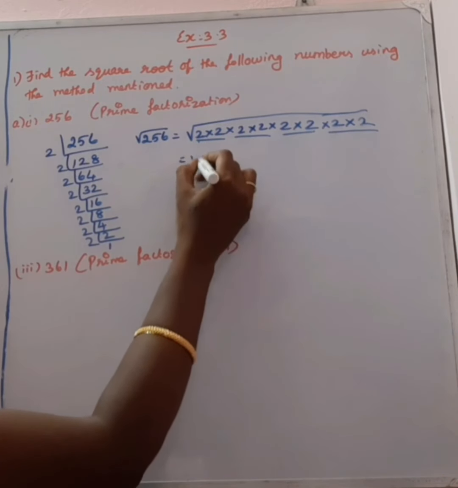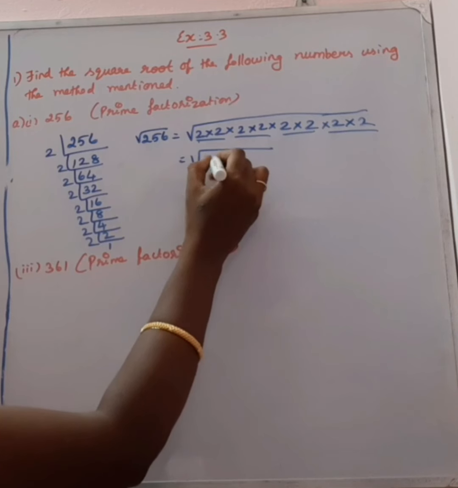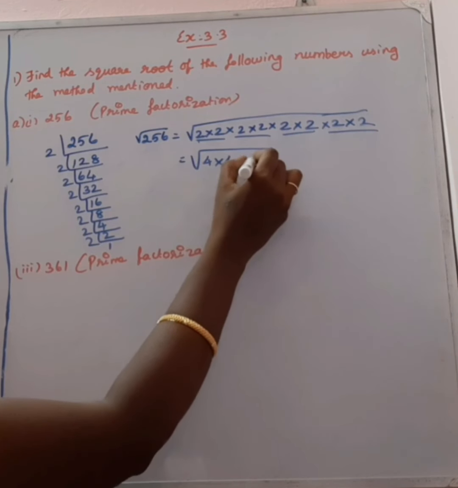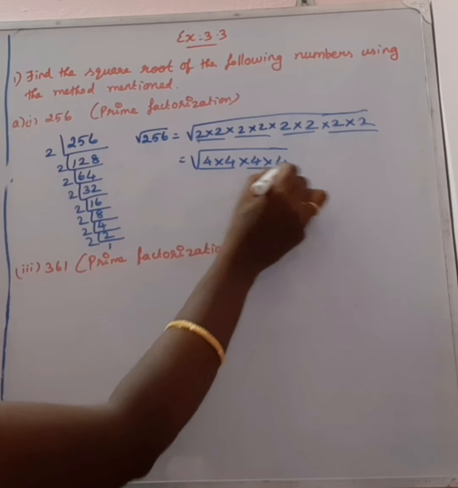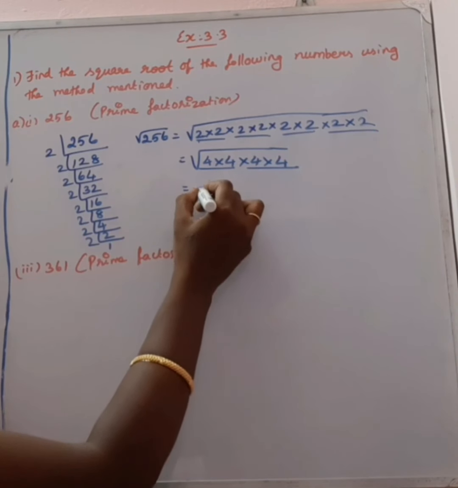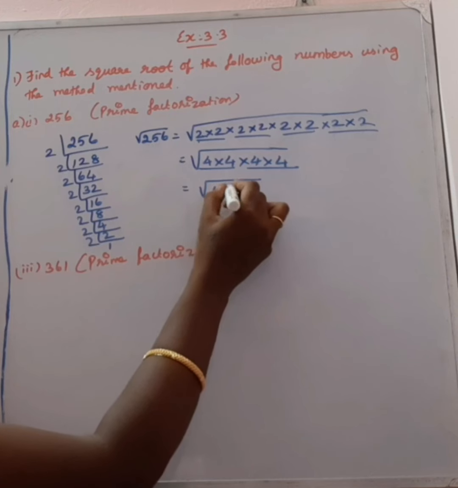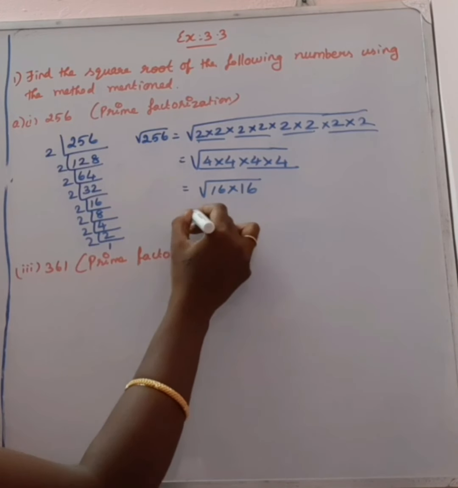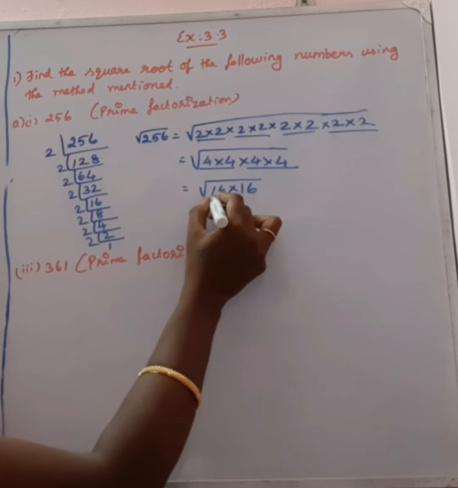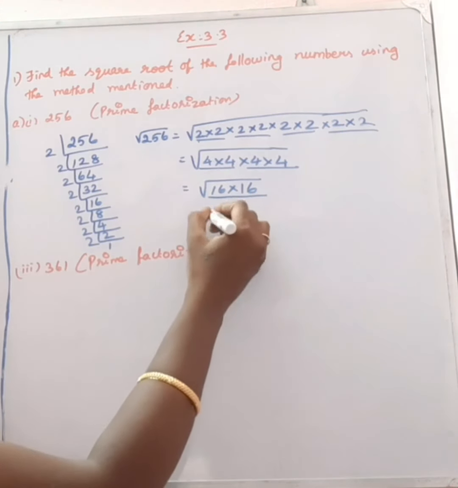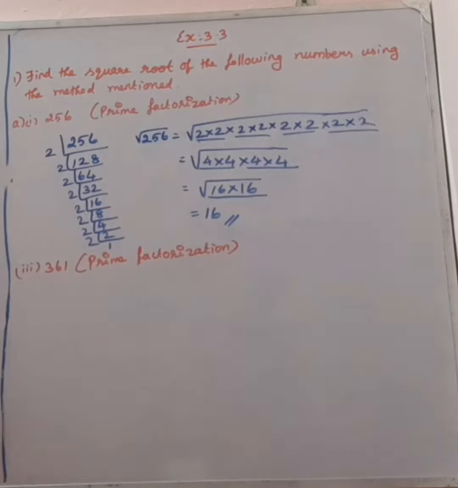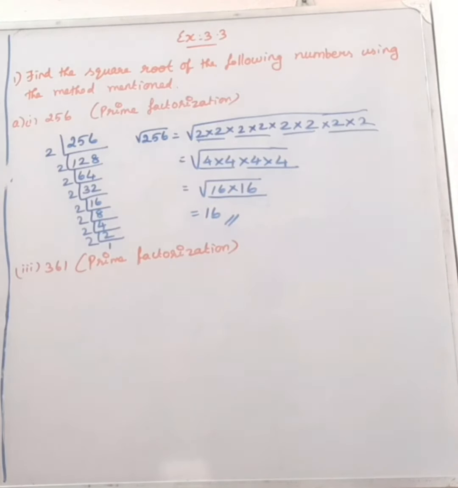So what we get? 4 into 4 into 4 into 4. Now again pair this. So what we get? 16 into 16. So take one number as outside. If we have a pair, we want to take one number as outside. So 16 is the answer for this one.